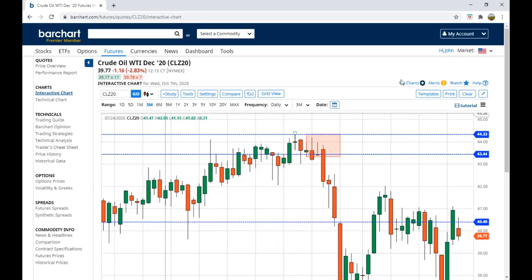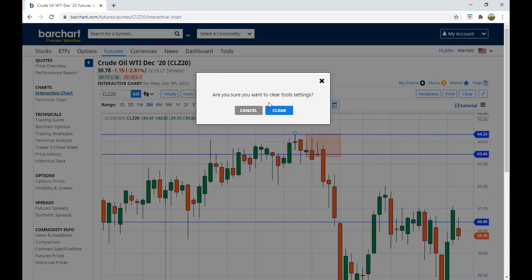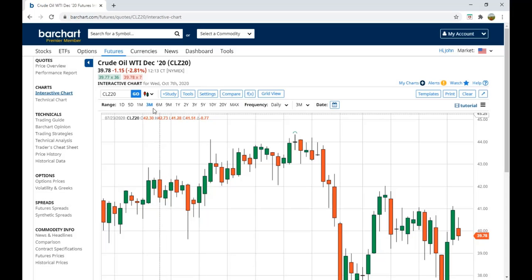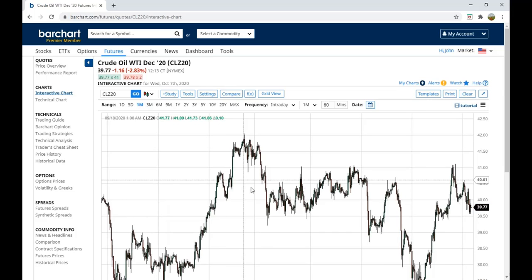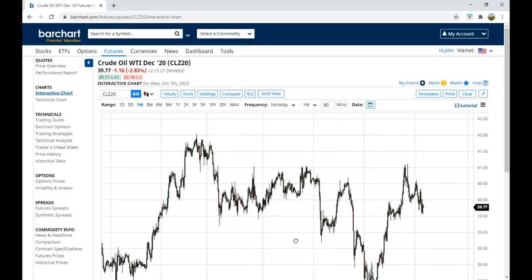Let that come up. All right, let me clear all these out. Clear those tools that we already set up. And I'm going to do this from the perspective of a day trader for this example.